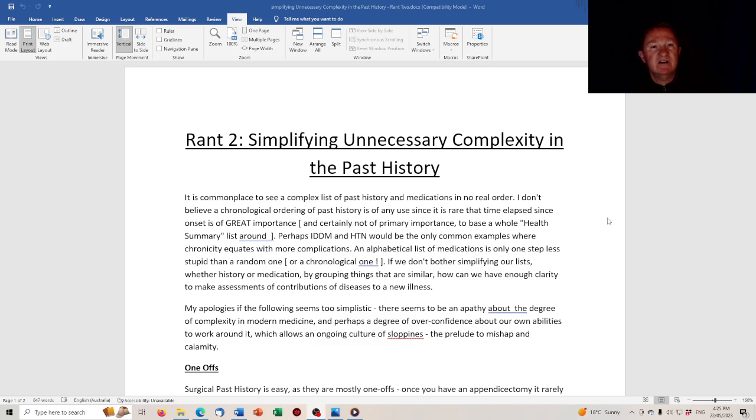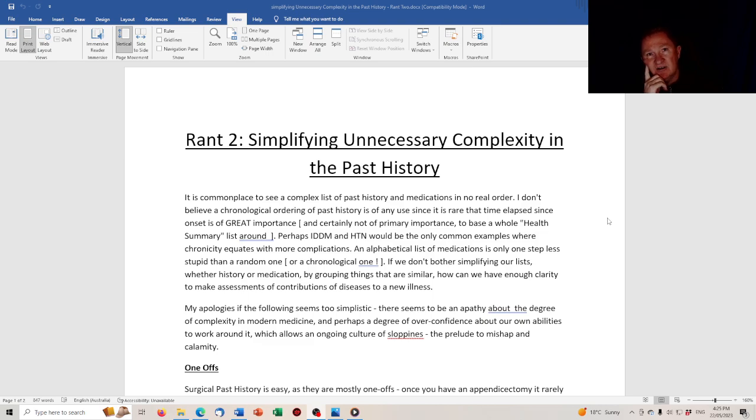So if you're inheriting this patient in a hospital or in the intensive care unit or in the anaesthetics bay or in the physician's rooms, or if you're a GP and your partner is on holidays or you're locuming or something like that, you're seeing this patient, there's this whole list of information. You've got to try and work out what's actually going on with them.